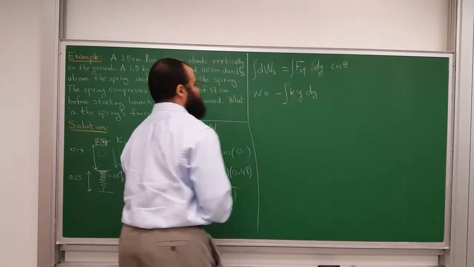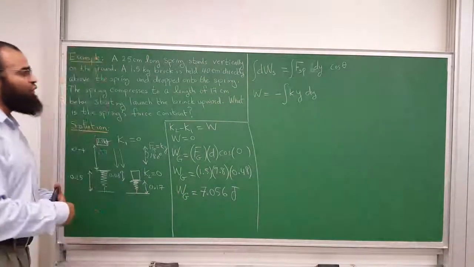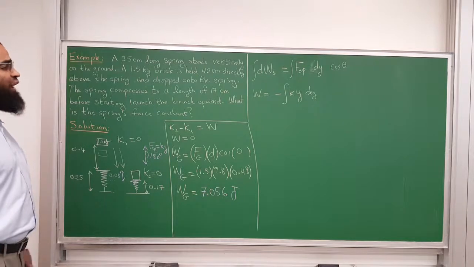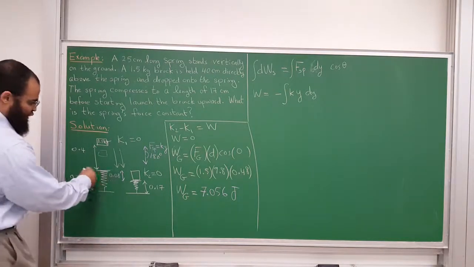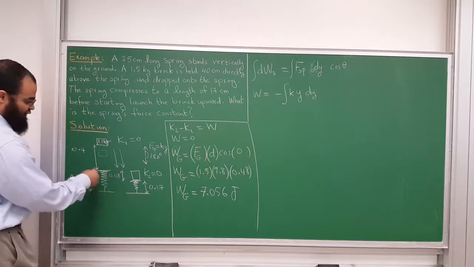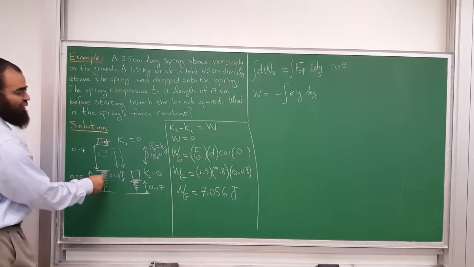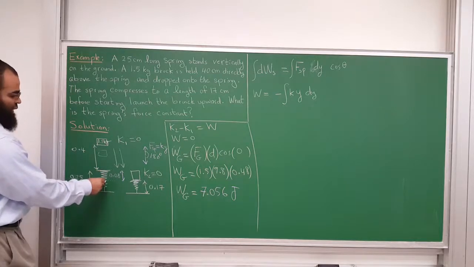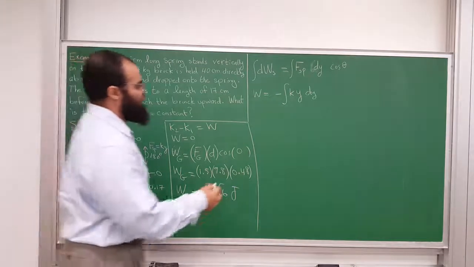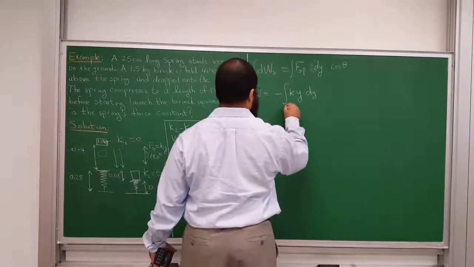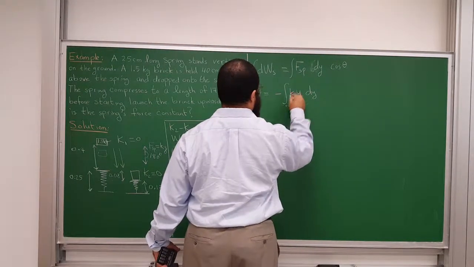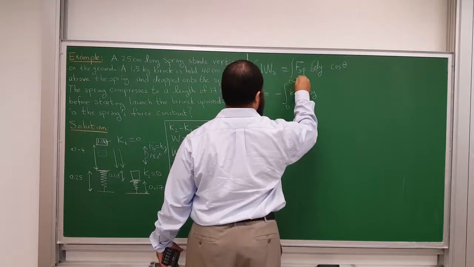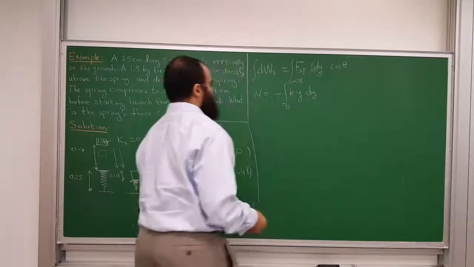Where do we integrate this from? Well, this is the 0 position for the spring, neither stretched nor compressed, all the way to 0.08. So from 0 all the way to 0.08.